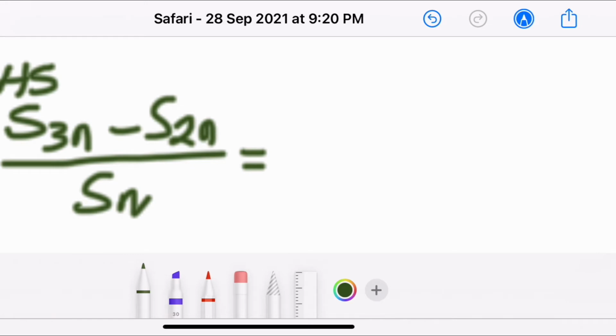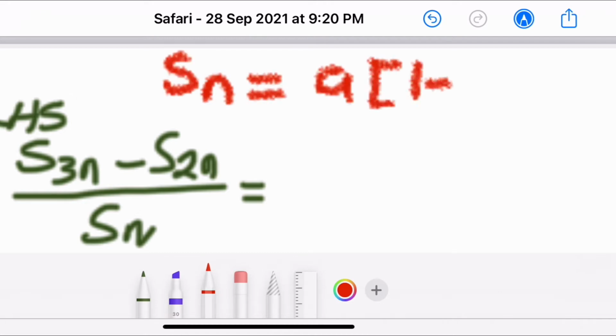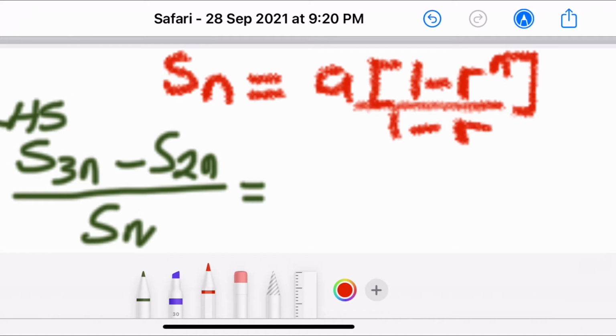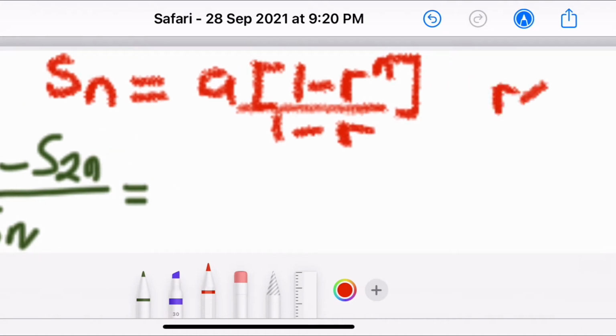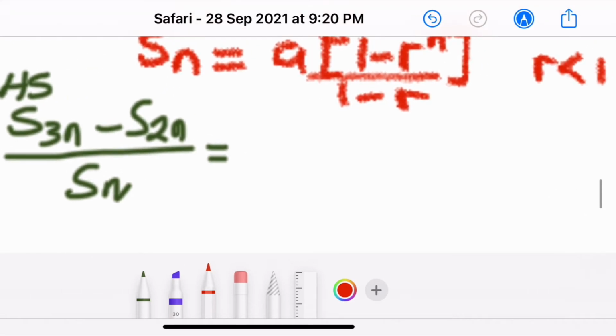First of all, the formula that we will use is Sn equal to a(1 minus r^n) over 1 minus r, because r is less than 1. So let's get started with the proving.